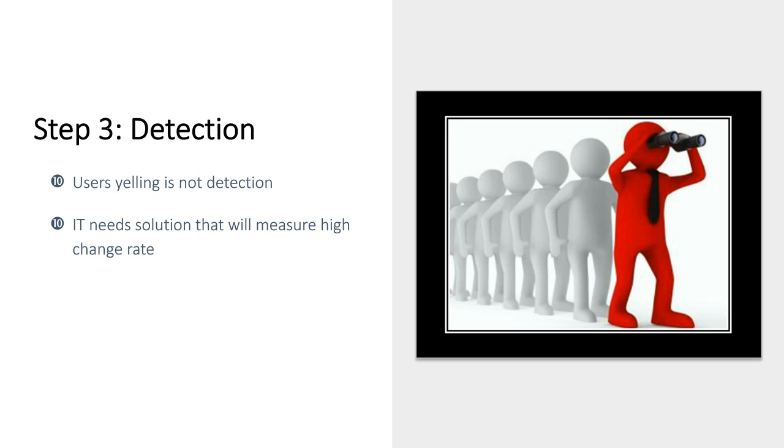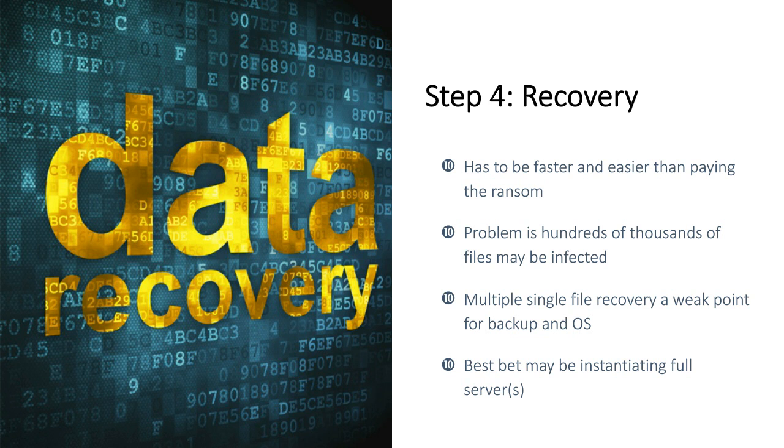So what you want are solutions either integrated into the backup system or a separate software application that can identify high change rate on a per user basis. That becomes really important to realize that encryption is occurring or you're under attack. And if you're doing it at the frequency that we're talking about, you can prevent a big chunk of the attack just by having this sort of alerting system.